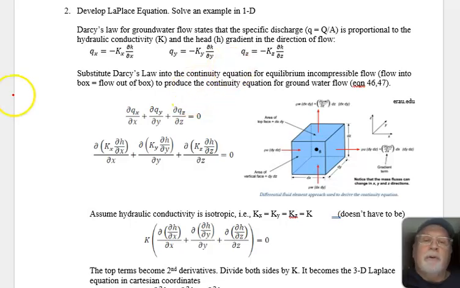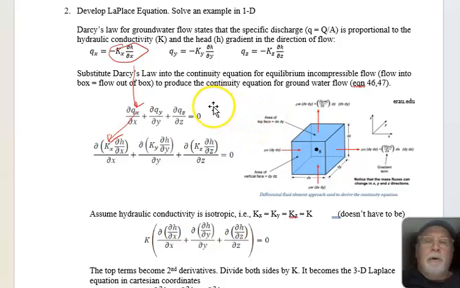If I substitute Qx into here and then into there, this is what I get: the change in the Kx times the change in H in X, and then the Y and the Z direction. Those all equal zero.